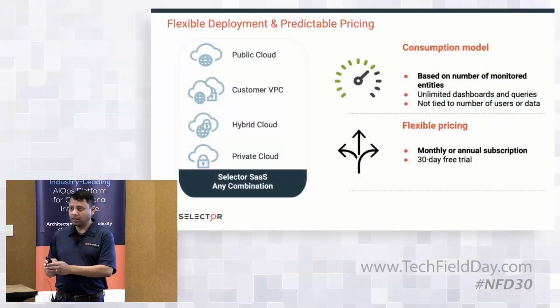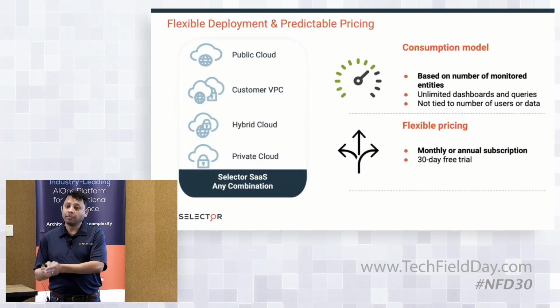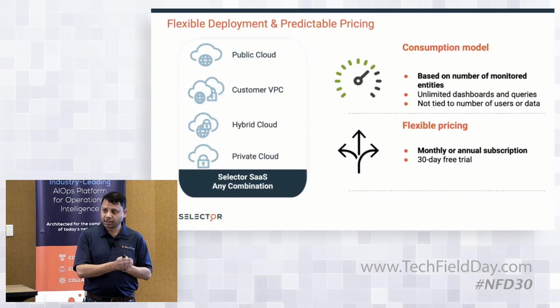Finally, I want to talk about how we deploy our platform. It's a completely Docker-based container architecture, and it is completely Kubernetes orchestrated. That helps us deploy in a public cloud. We can deliver our service as a SaaS, or it can be deployed on-prem at a customer site, or in a customer VPC if they provide us the compute and resources.